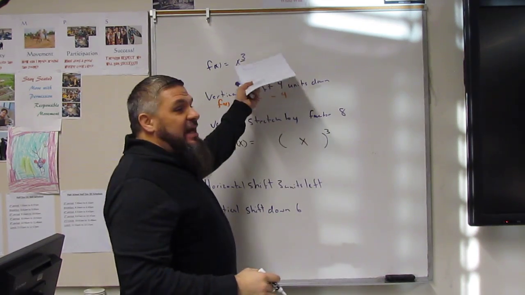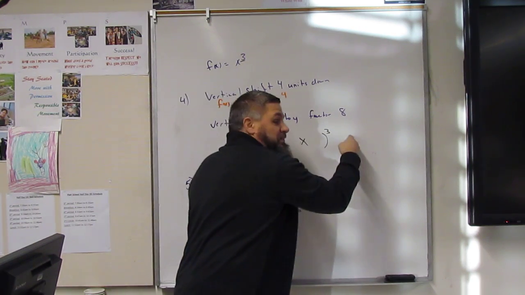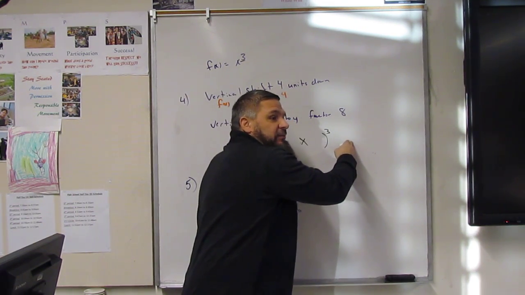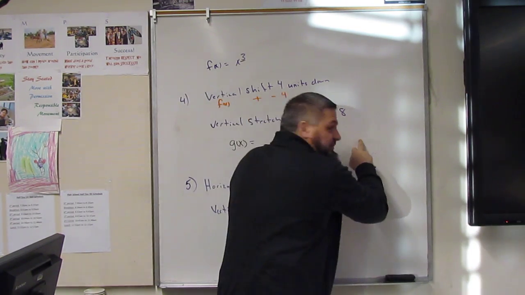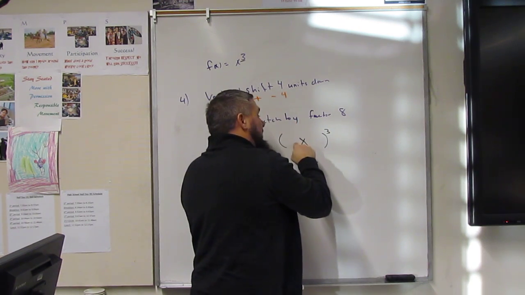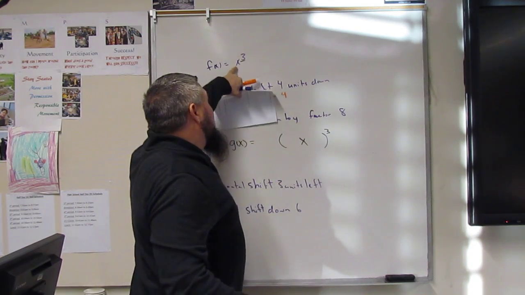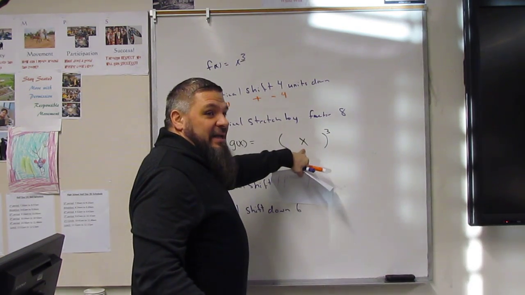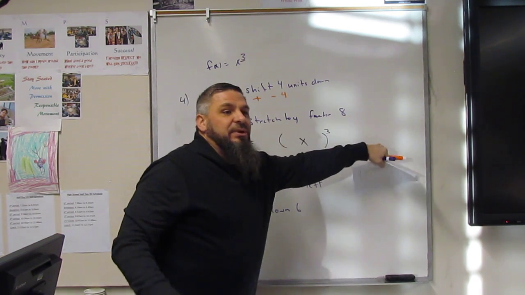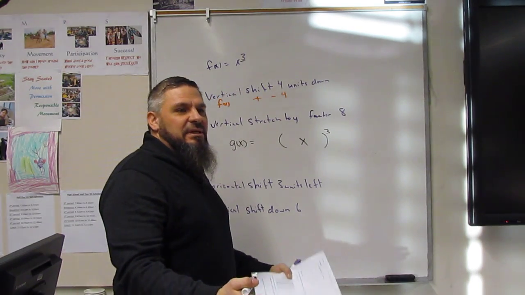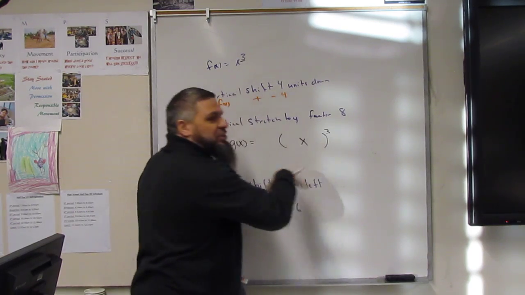And then if this is being added to something, if it's x cubed plus 3, then I have to put the plus 3 out here, right? If it's 2x squared plus 3, then the 2x is here, but the plus 3 is in here. Now, the 2x would not be in here because it's not cubed, right? The cube is only affecting the x. So if there's a 2 here, then it's going to be 2x, cubed plus 3. And then I'll have to put in my parentheses. Does that make sense?